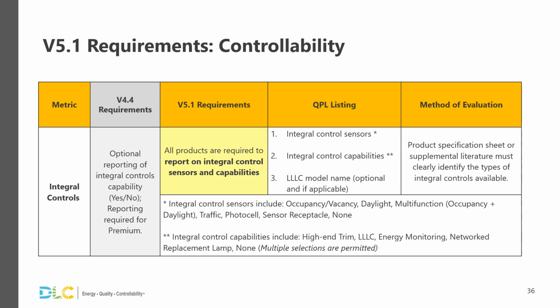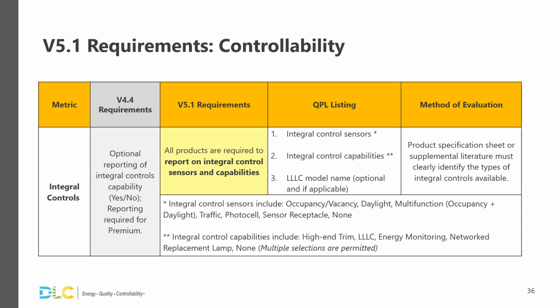Under 5.1, that information expands to the specific type of integral control sensors, so things like occupancy sensors or daylight sensors, integral control capabilities, whether or not the product has the capability to accommodate high-end trim, provide energy monitoring, or in the case of a linear lamp, is it a networkable replacement lamp?